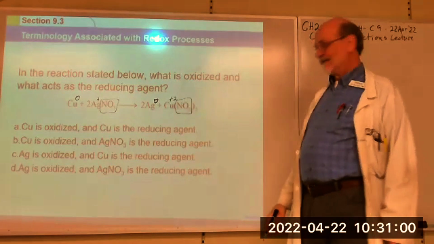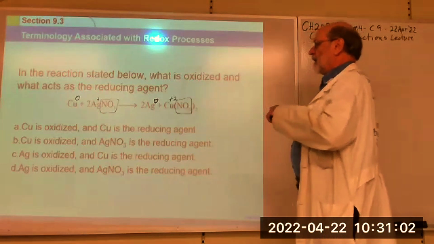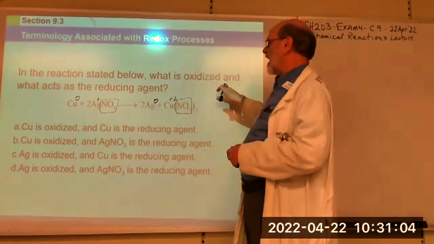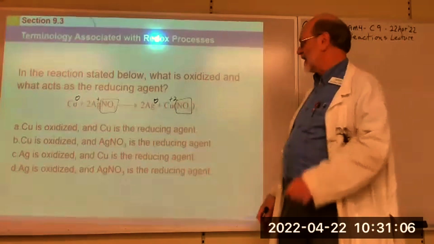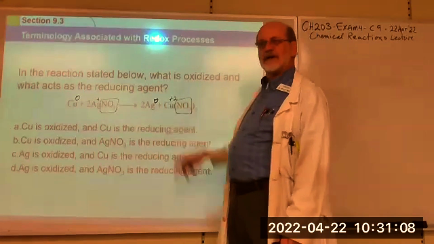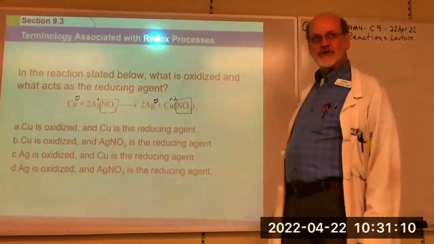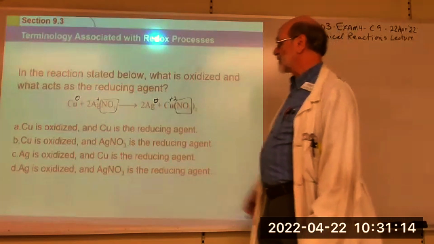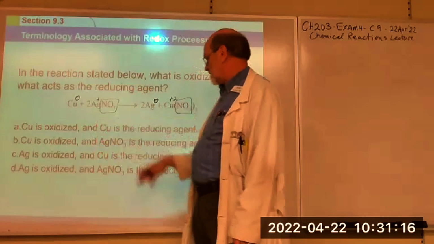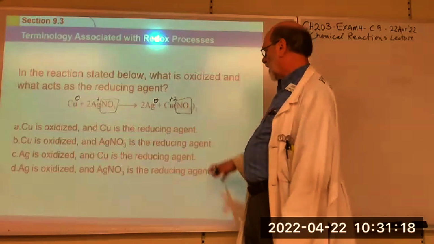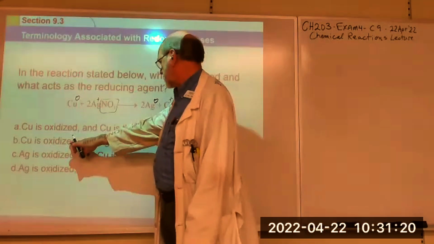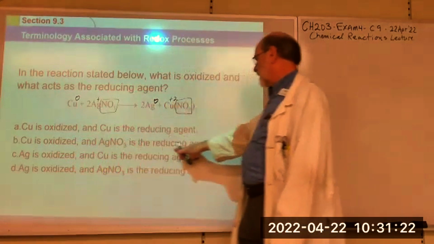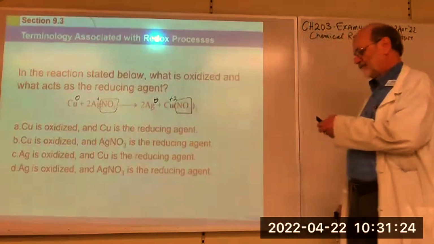Okay. All right. So what is oxidized? What loses electrons? Copper. Copper loses electrons. So that means the reducing agent is silver or silver nitrate. So copper is oxidized, and silver nitrate is the reducing agent.